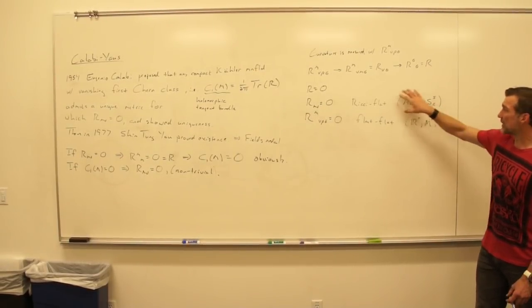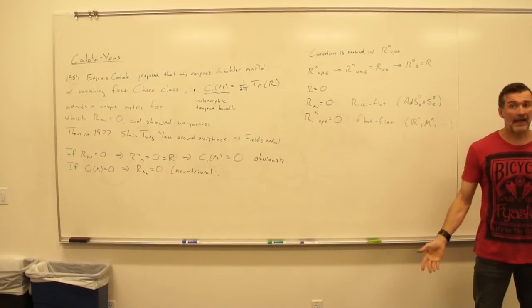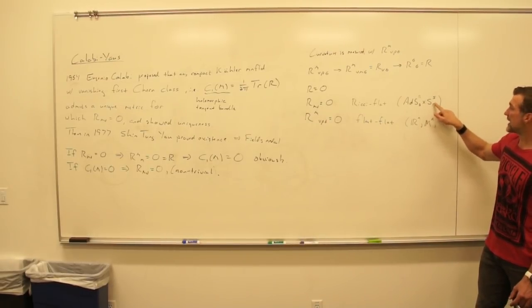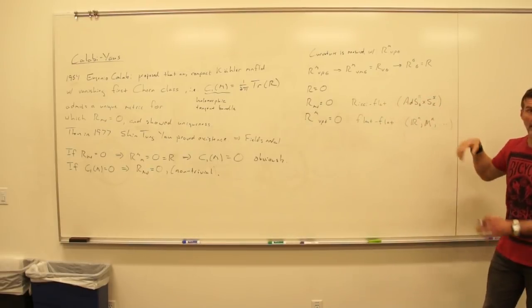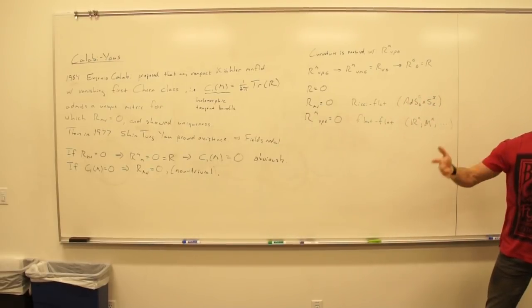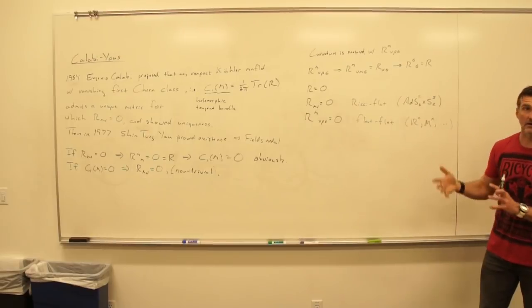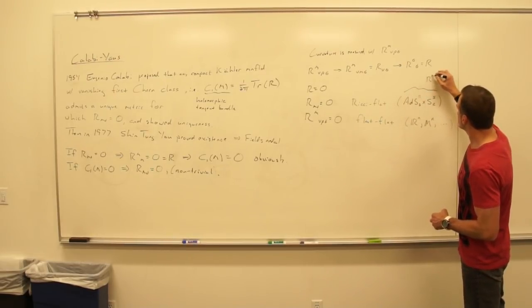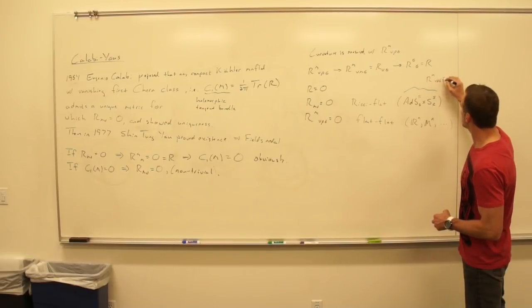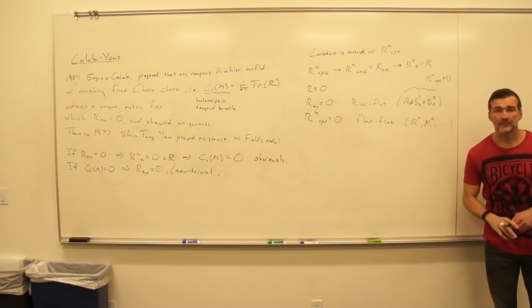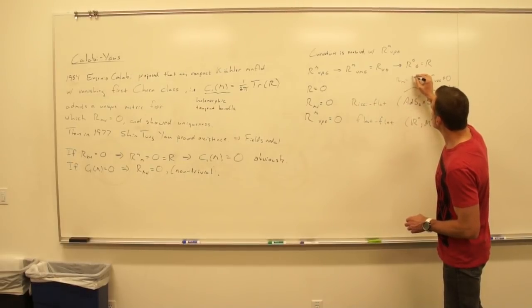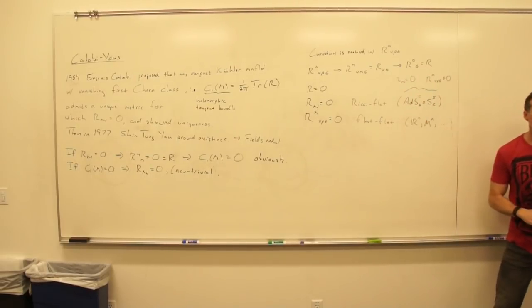If I ask whether this space is curved, the answer is yes. Because, for example, I can move around this S5 without moving around here, and I'll definitely get holonomies and see curvature. Or I can move around here and I'll see curvature. That is a situation that is indicated by the fact that this is not 0. Okay? But if I construct the Ricci tensor for this space, it actually vanishes.